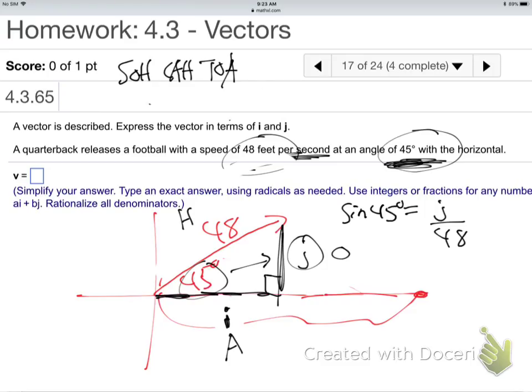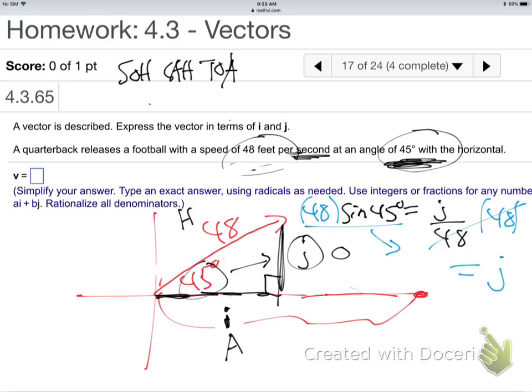So now, how do I solve this little equation, sine 45 is J over 48, for J? Times 48. Exactly. J equals 48 sine 45.